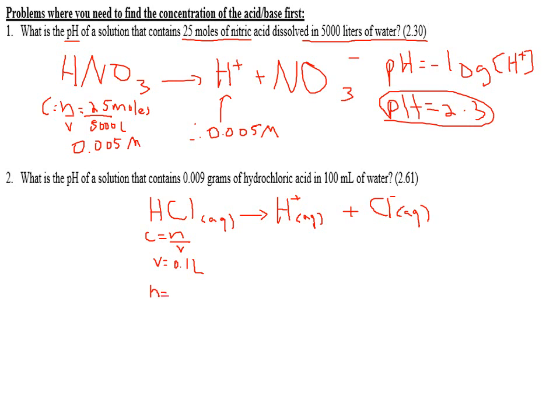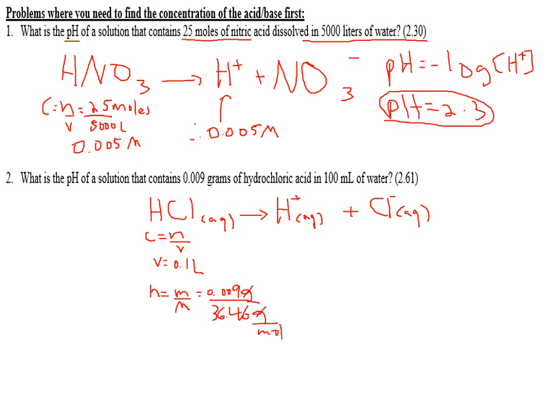Remember, your moles can be your mass over your molar mass, which is 0.009 grams, divided by the molar mass of HCl, which is 1.01 plus 35.45, 36.46 grams per mole.